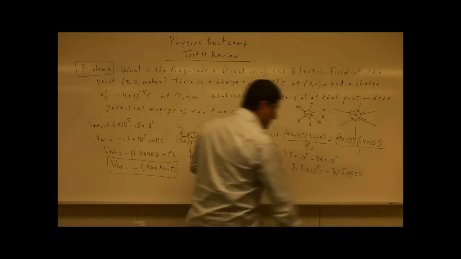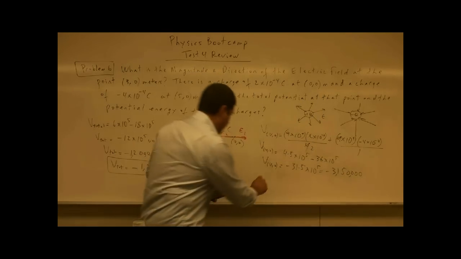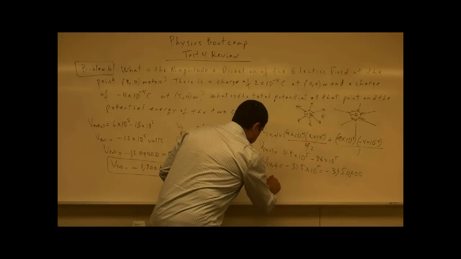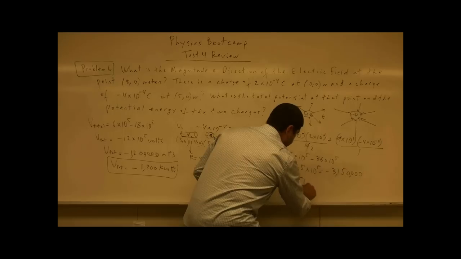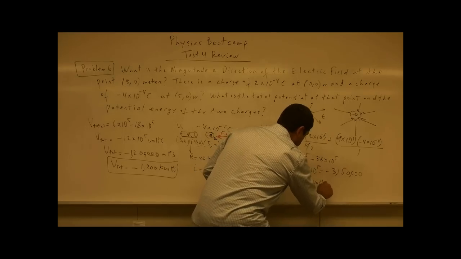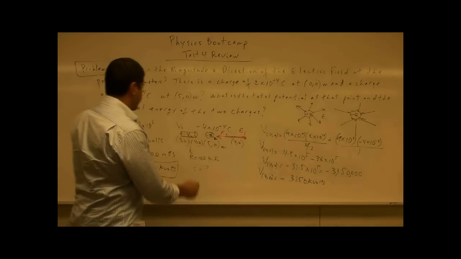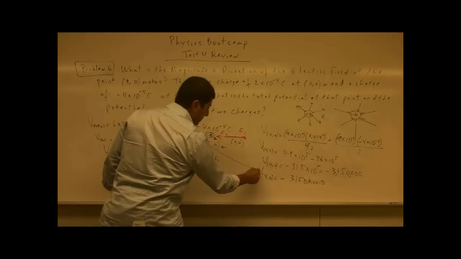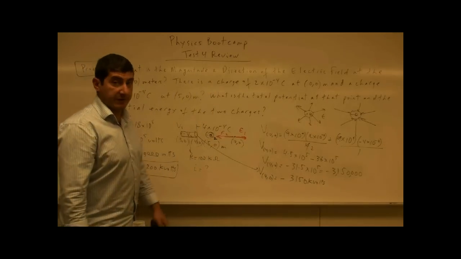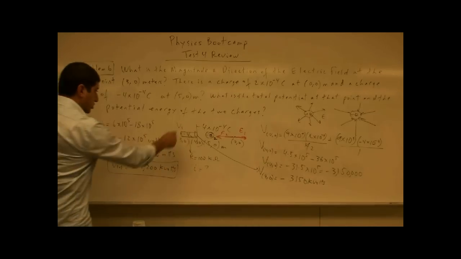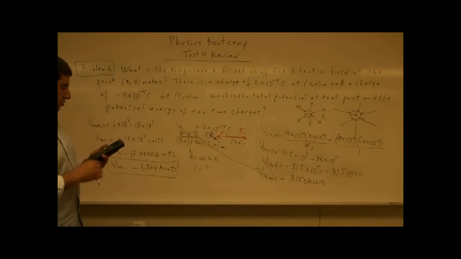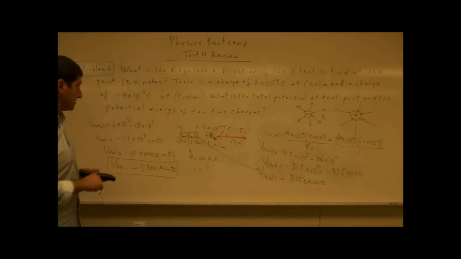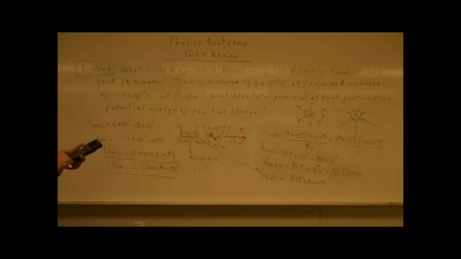So now how many kilovolts is that? V of 4,0 is negative 3,150 kilovolts. So the potential over here would be negative 3,150 kilovolts. The potential over here was negative 1,200 kilovolts. You take the difference of that, 3,150 minus 1,200.